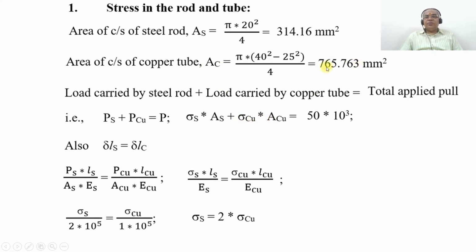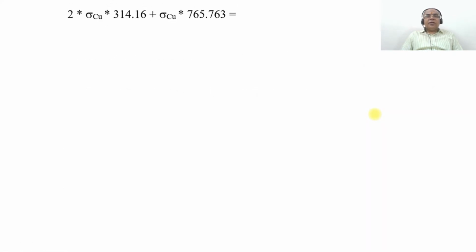Substitute the value of ACU, which is 765.763, and this will be equal to 50 into 10 to the power of 3. On simplification, you will get the stress in the copper tube, which will be equal to 35.866 Newton per mm square.